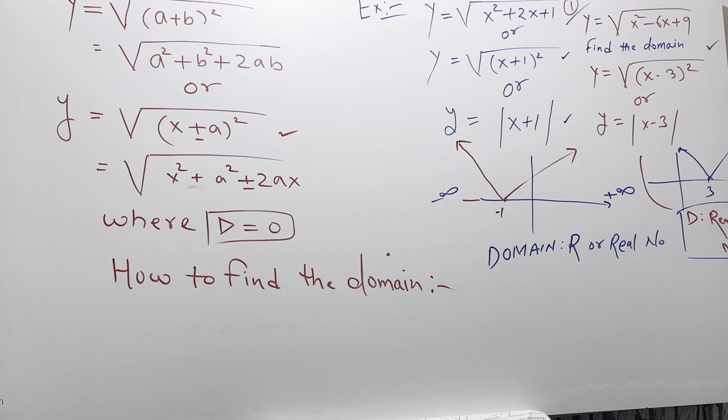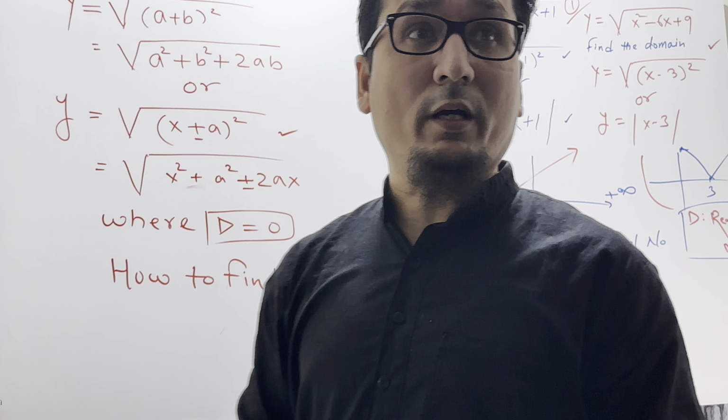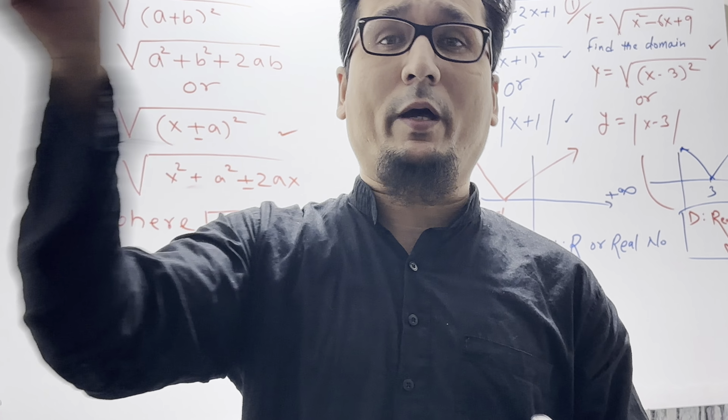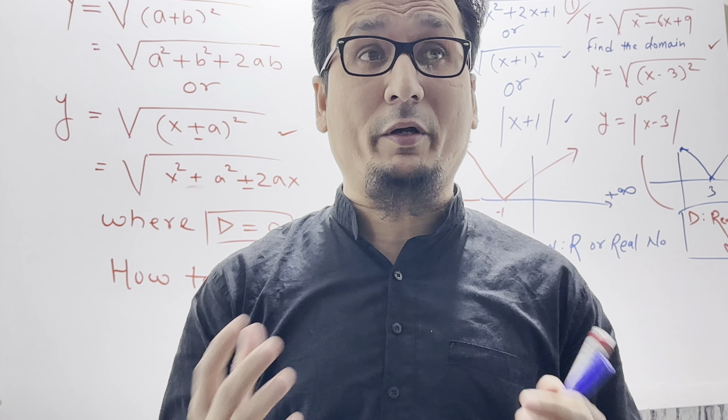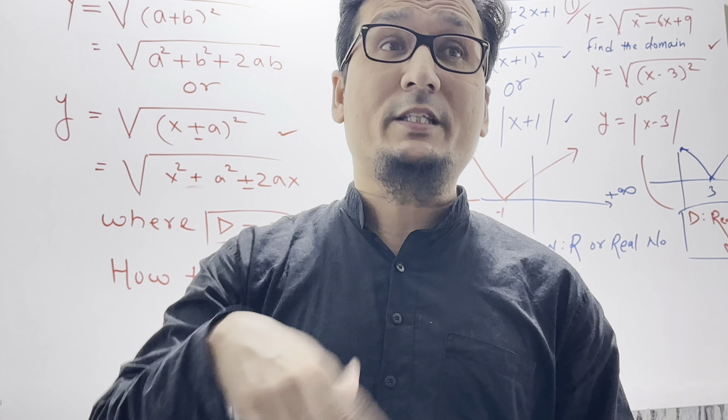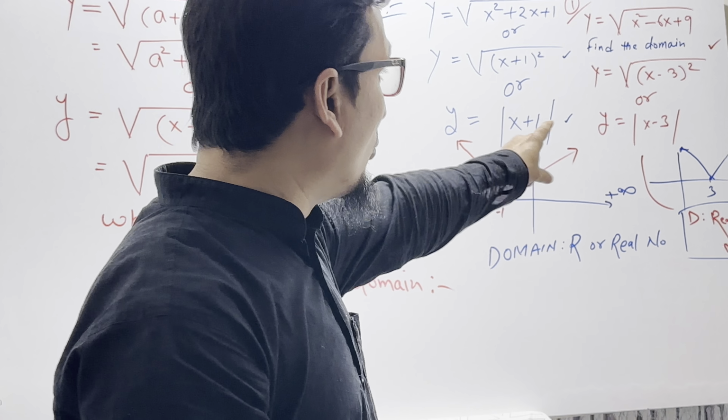Okay, so remember one thing in your mind, guys. Whenever you have a square root and a quadratic equation is given, but this quadratic can be written in square form, then it can be written as the absolute function.